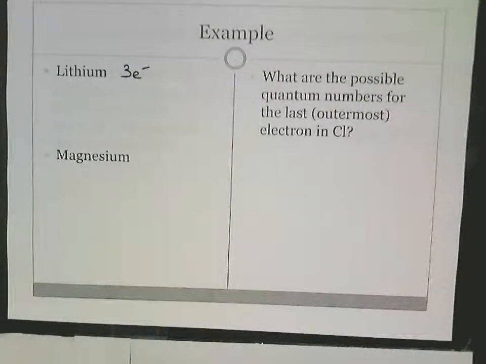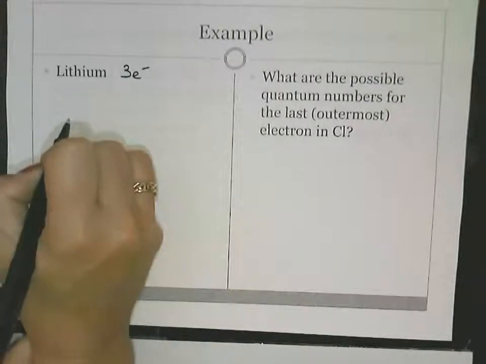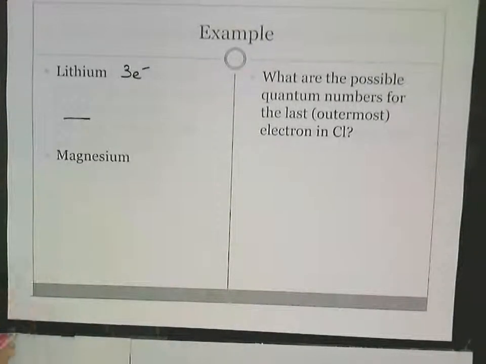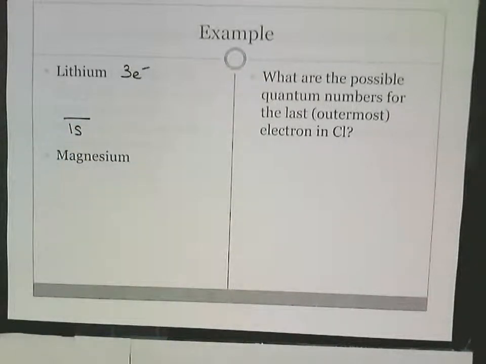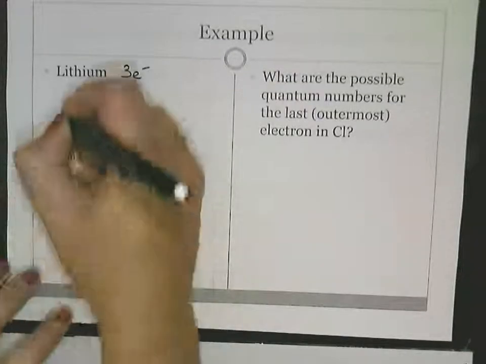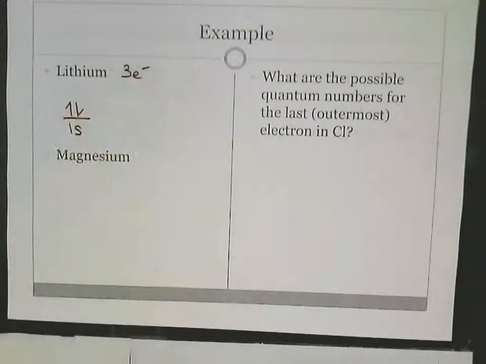So, since I'm more of a graphical person, I like to draw the picture rather than the words, but both are fine. So this is my 1s platform that we've had before. How many electrons can live in 1s? 2. Is that lithium? No, right? Because that's helium.